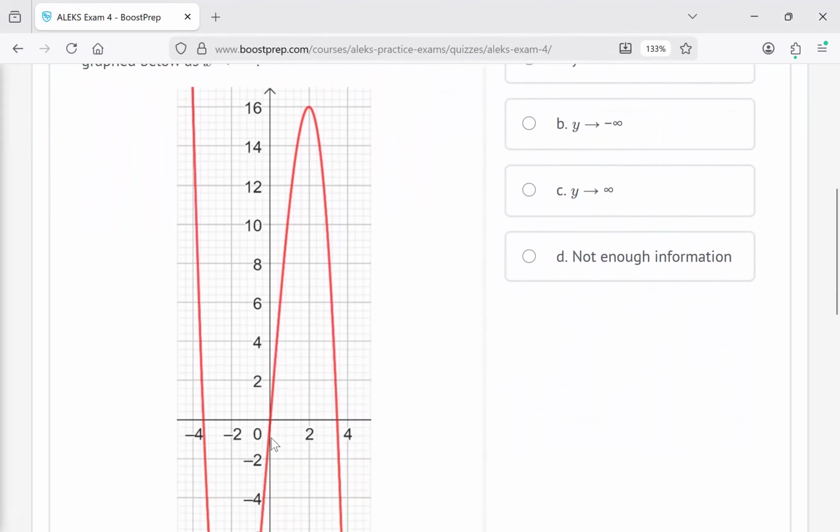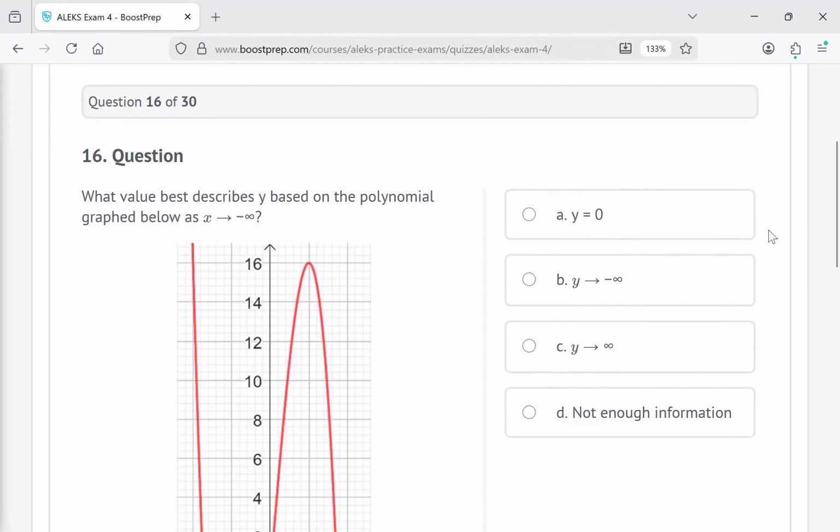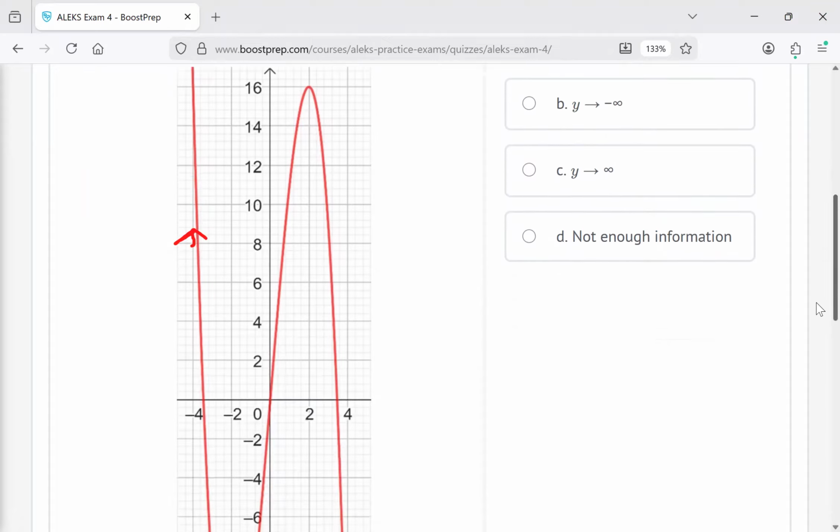So here's our graph, and they want to know as x goes to -infinity. So that means to the left. So this arrow keeps going upwards, right? This keeps on going up, and this one keeps going down.